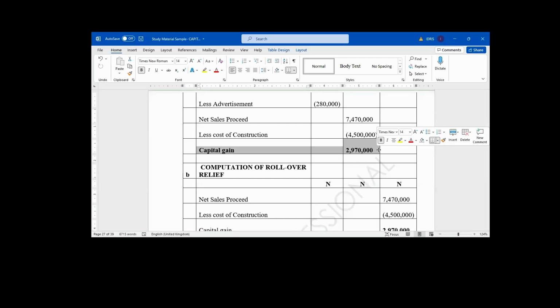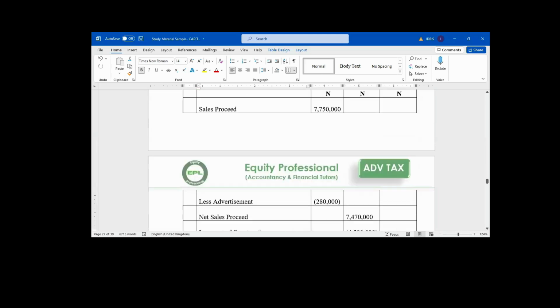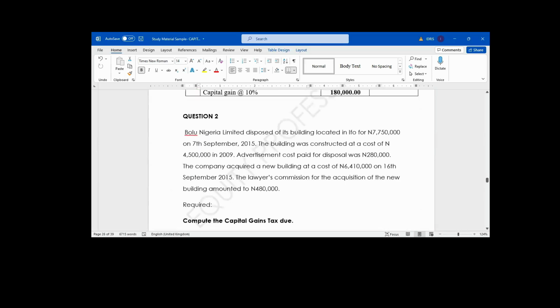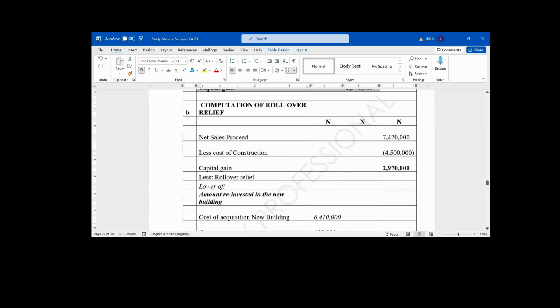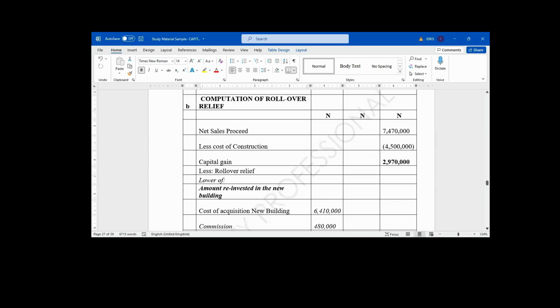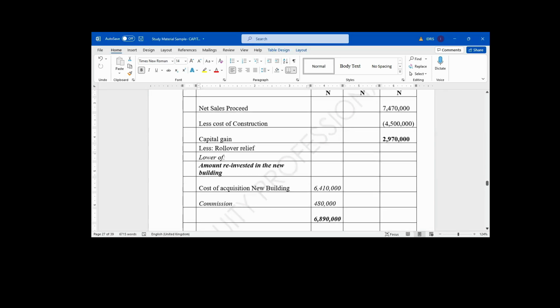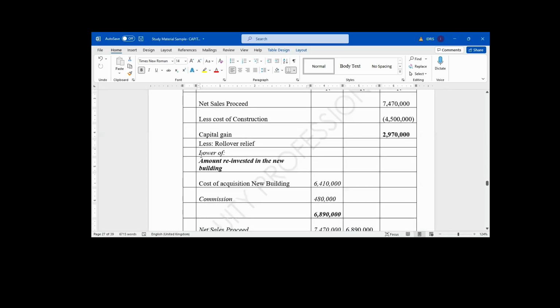Since they reinvest it in the purchase of another asset, you need to calculate your rollover relief. How do we calculate it? It is the lower of amount reinvested or net sales proceed.